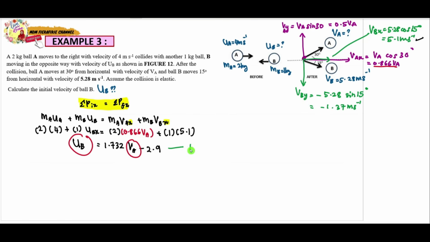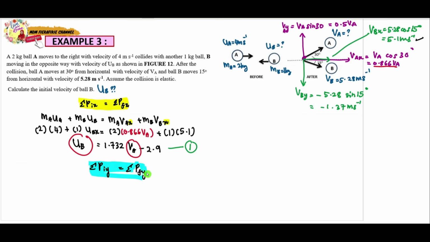So we need to let this as equation number 1. So what we want to do next? So we need to proceed to the second equation, where the second equation comes from total momentum, okay, initial in Y component equal to total momentum final in Y component. Okay, so this one is Y component.